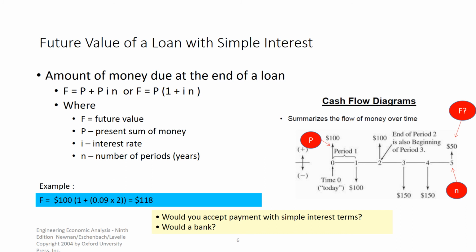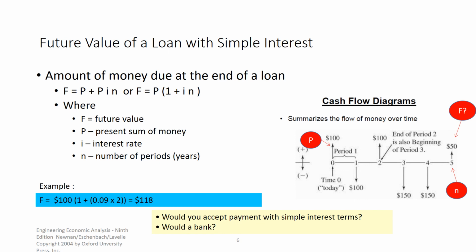We saved 100 ringgit previously, and then we multiply it with the 9% interest rate for 2 years. We will see that in the future our money will become 118 ringgit instead of 100.